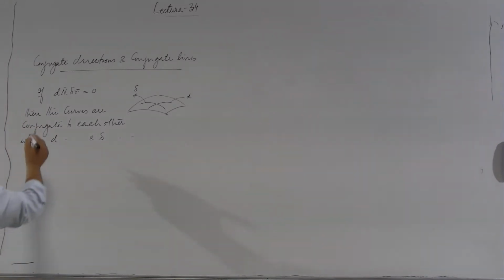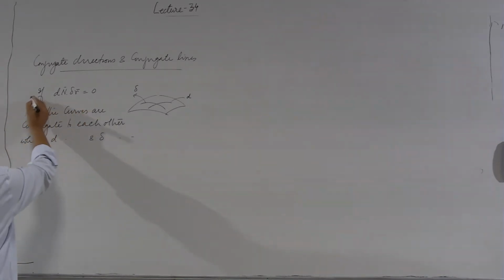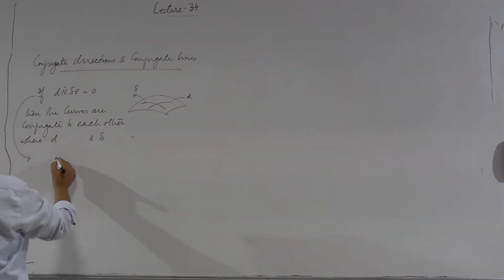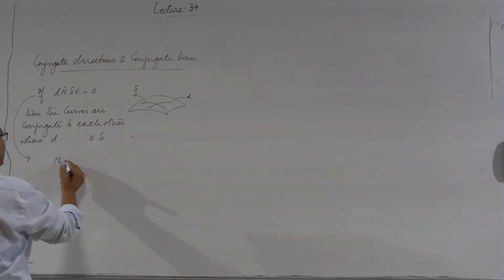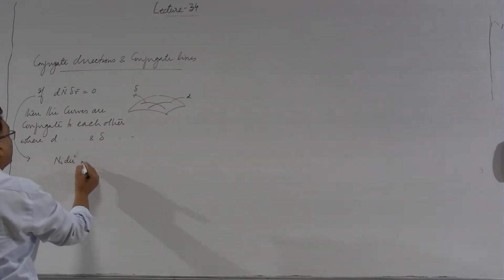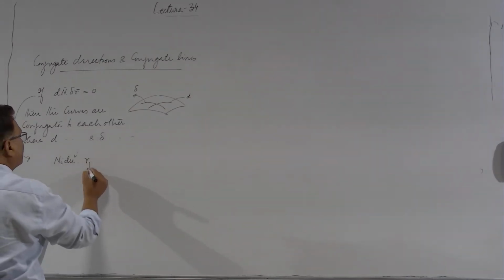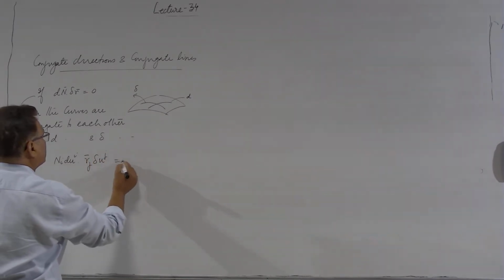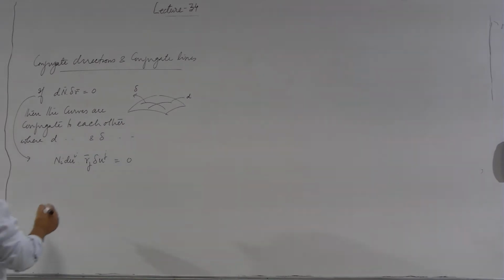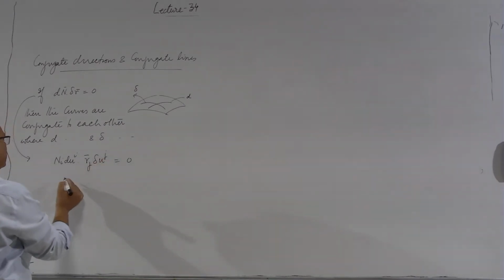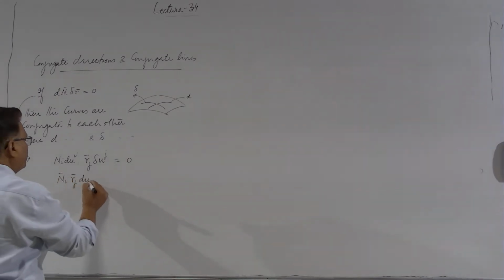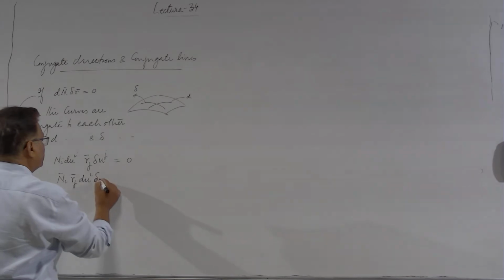Now, if you want to see this condition in terms of b_ij, then you expand it. dn can be written as n_i du^i and delta r can be written as r_j delta u^j. So, this must be 0. I and j both are dummy indices. So, expanding them you will be getting n_i dot r_j into du^i delta u^j equal to 0.